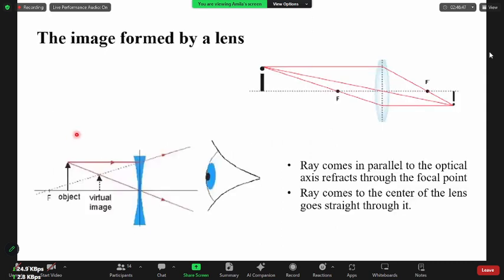Then, as we discussed how images are created by a mirror, how is the image formed by a lens? So here you can see a converging lens.